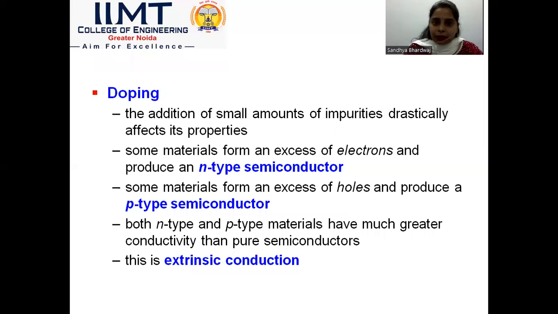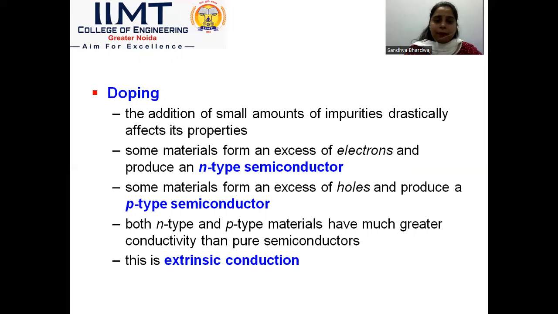Then what is doping? Doping is the addition of a small amount of impurity, which drastically affects the properties. Doping with some materials forms an excess of electrons and produces an N-type semiconductor. Doping with other materials forms an excess of holes and produces a P-type semiconductor.